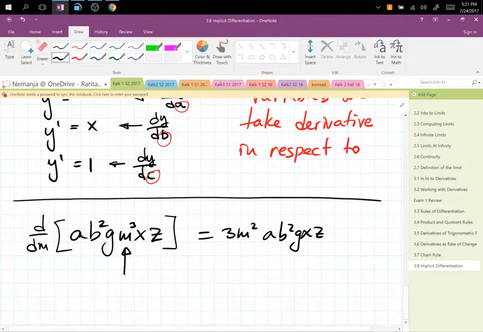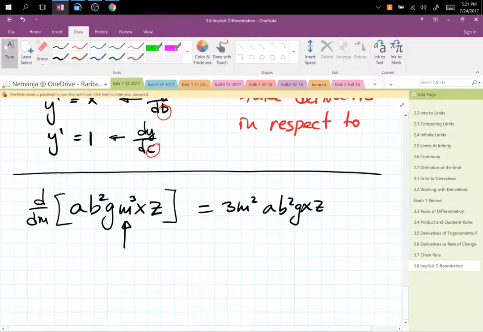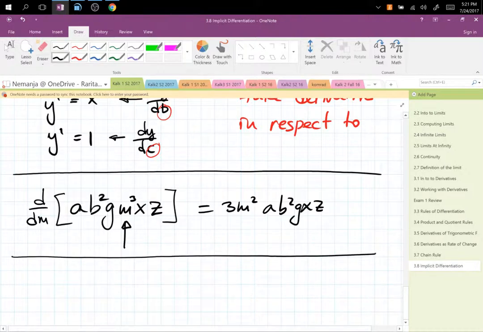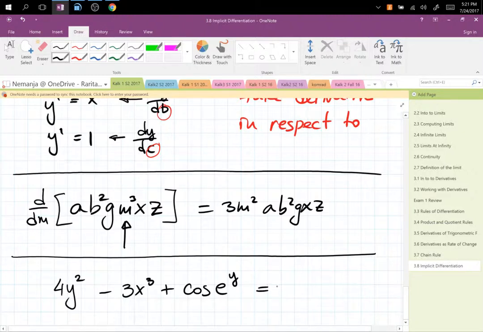Now, another part is that we mechanically learned that every time we take the derivative of y in respect to x, we follow with the chain. So now I would like to use the proper notation to do a problem. So say we have 4y squared minus 3x cubed plus cosine e to the y, just to make it annoying, is equal to 7.